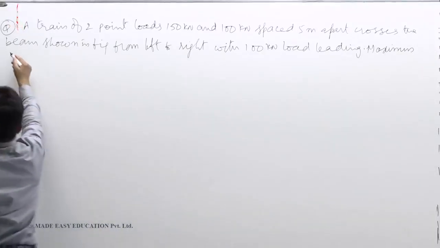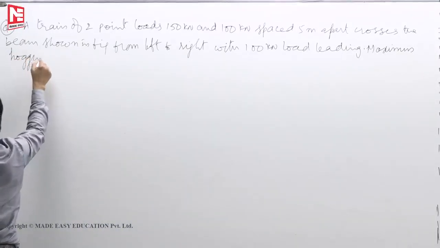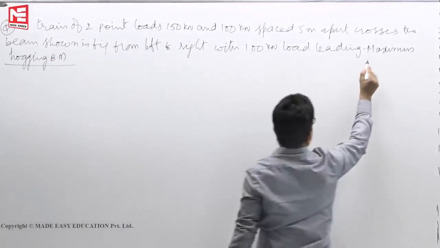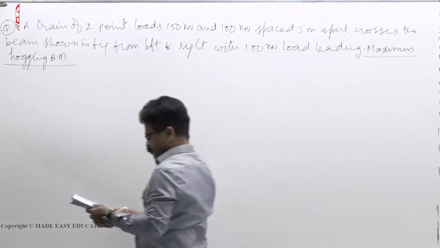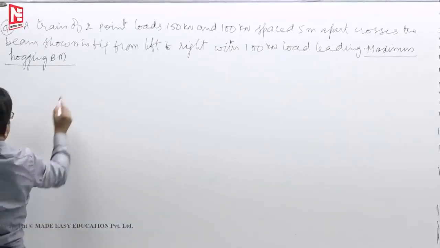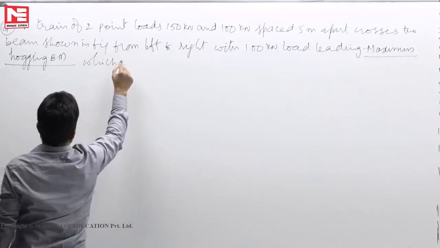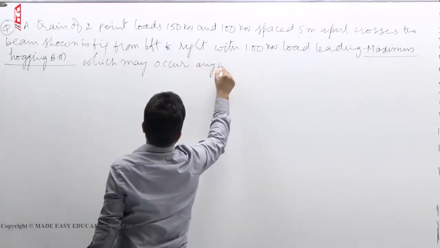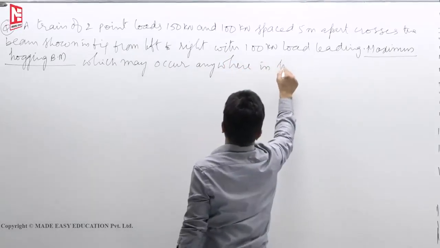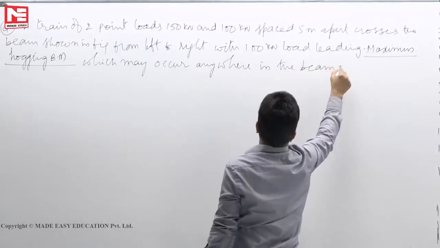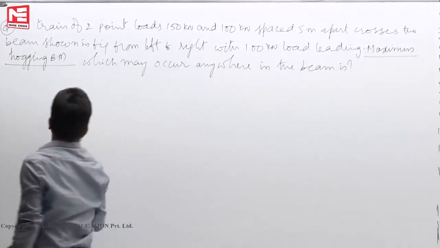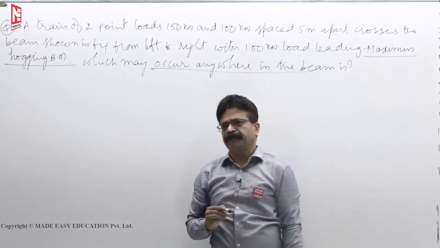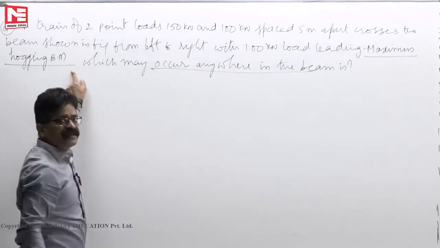Maximum hogging bending moment. Now we are asking hogging bending moment. Maximum hogging bending moment, which may occur anywhere in the beam, means you have to select the section also. Okay, and also it is not sagging, it is hogging.